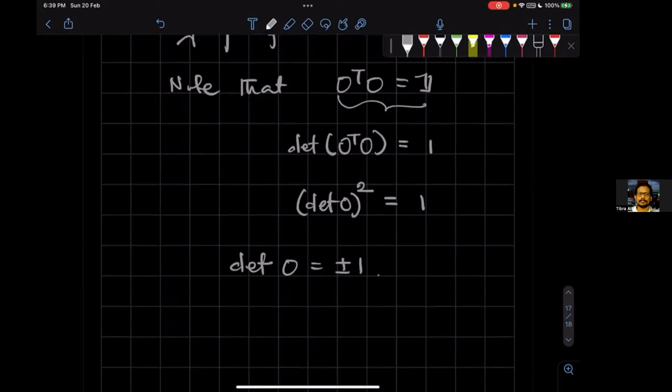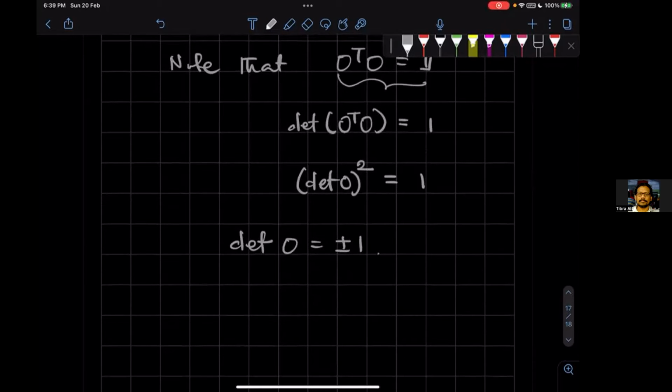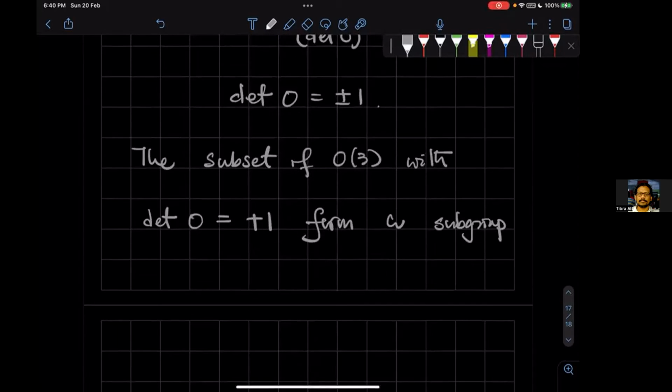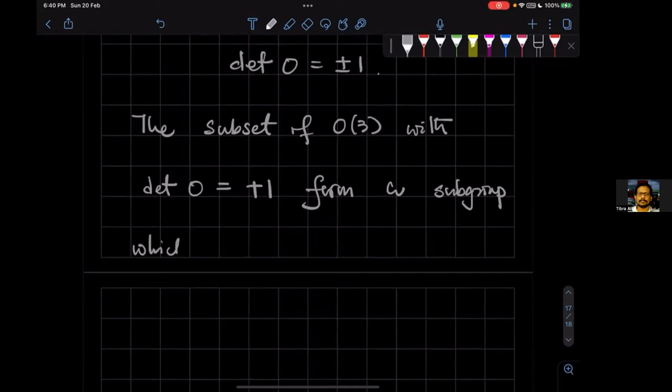Okay, and at some point we will show that the subset of O3 with the determinant condition det O equals plus 1 forms a subgroup, which we call SO3.